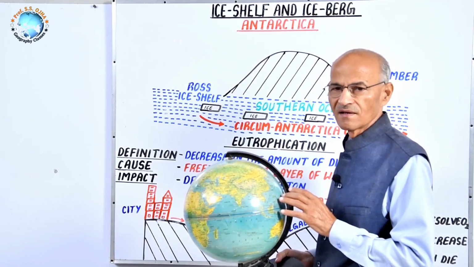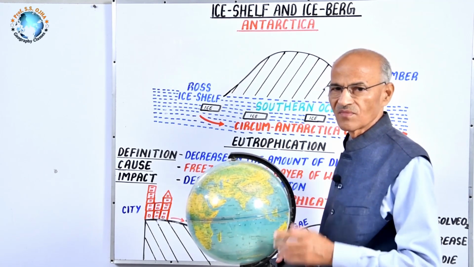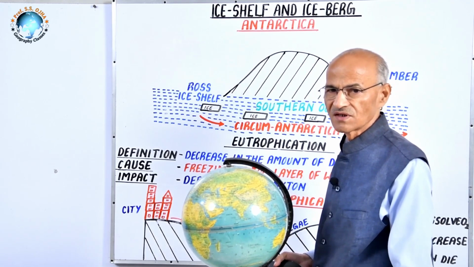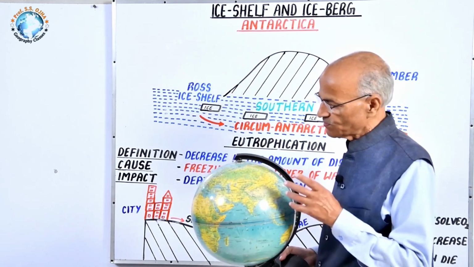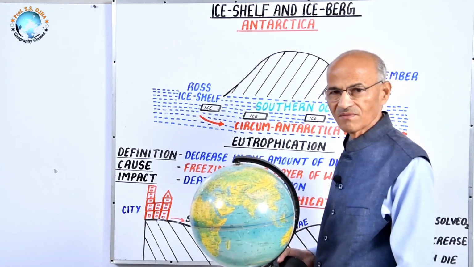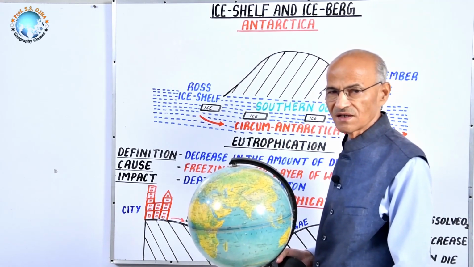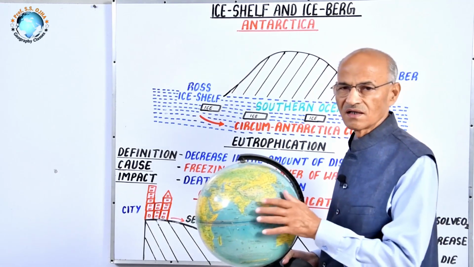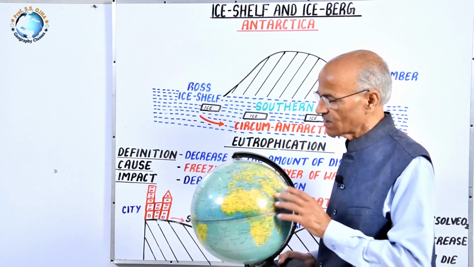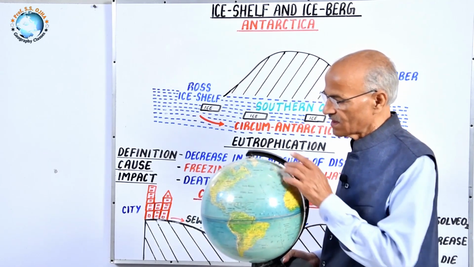And here, because there is much density and frequency of ships in the North Hemisphere, because most population is there, maximum trade is there, shipping is there, that's why frequently these ships are hit by the icebergs coming from the north.